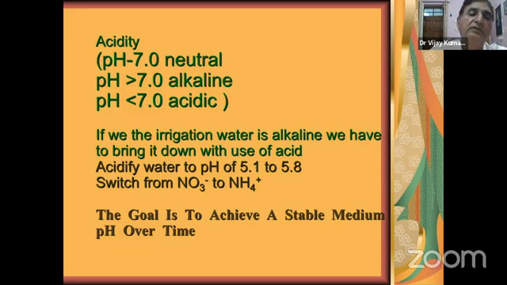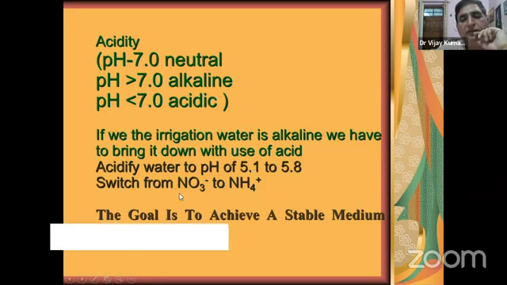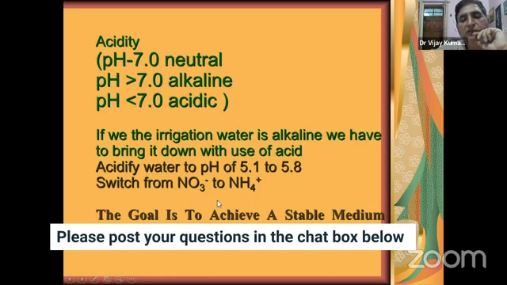And if the water has a pH less than 7, it becomes acidic, so we have to bring it to an almost neutral level, because the availability of the nutrients is also affected.